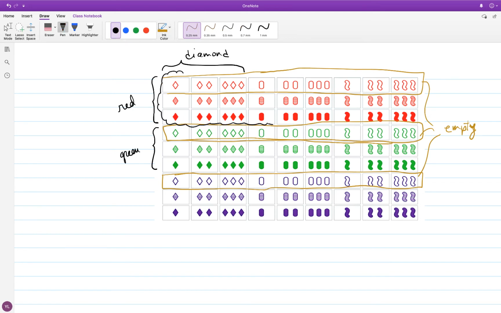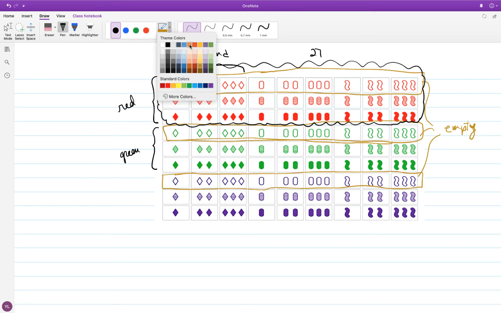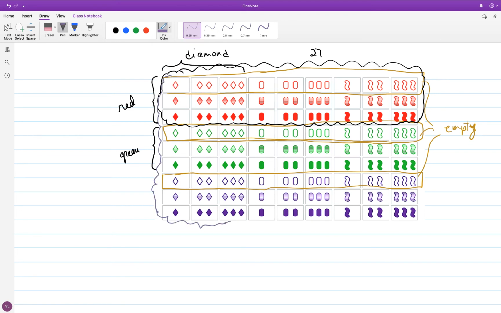So there are definitely 27 reds, 27 diamonds, and 27 empties as well, all for the same reason. But if I just take 27 plus 27 plus 27, I'm definitely going to get an overcount. And when you have 3 sets like this, the overcount is really complicated to keep track of. Actually, this image right here isn't going to be the best way to keep track of it.